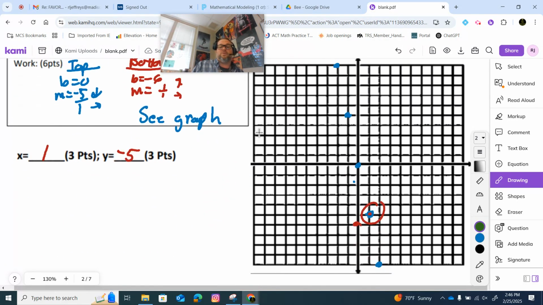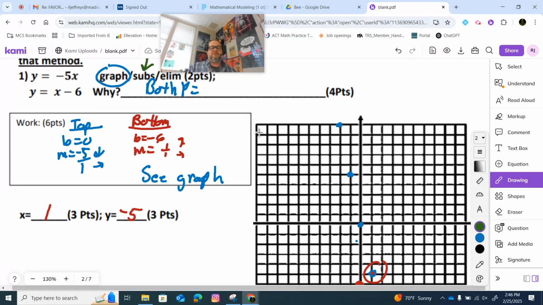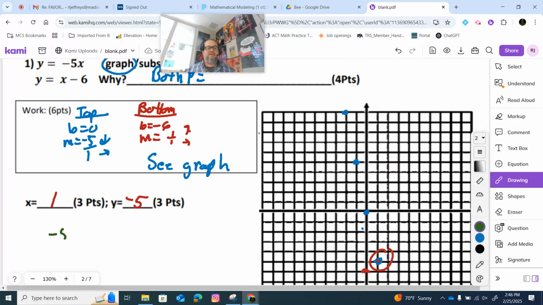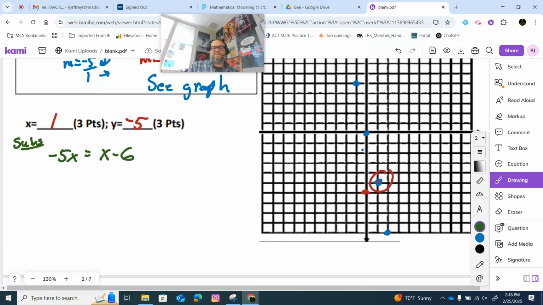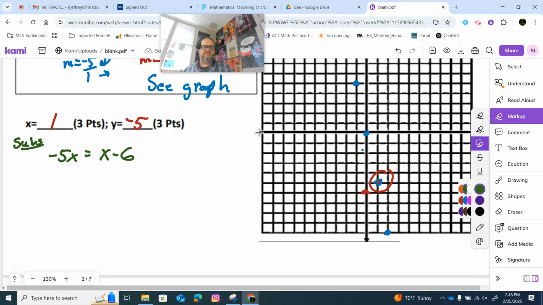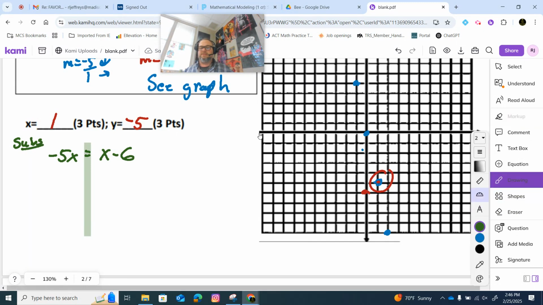I'm going to actually do the work for it below here. This is for substitution, by the way. That's actually how I would have done it in the beginning.